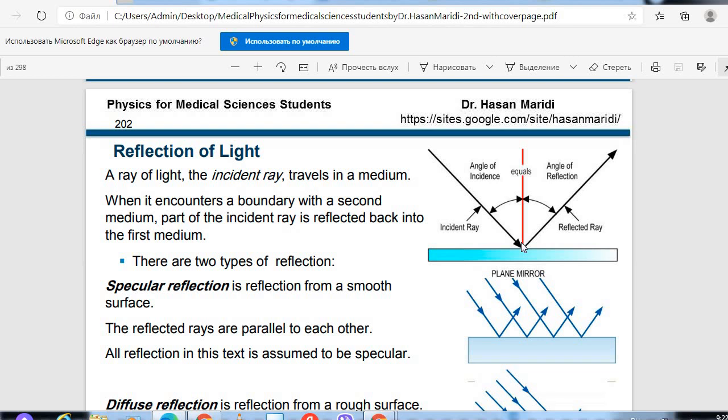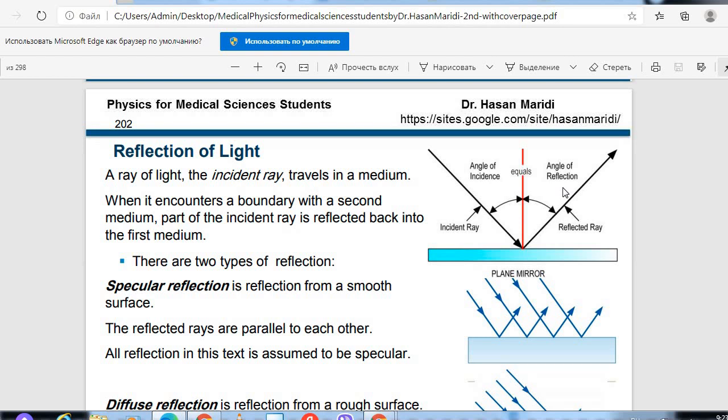When our light meets the border of two media, when it encounters a boundary with the second medium, part of the incident ray is reflected back into the first medium. It's a reflection. Now we are trying to make some formula for reflection.